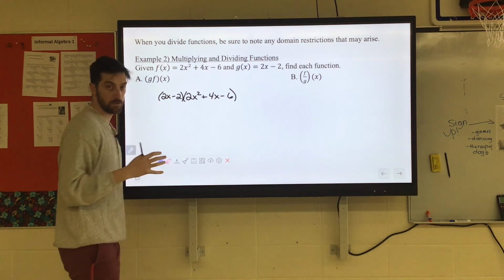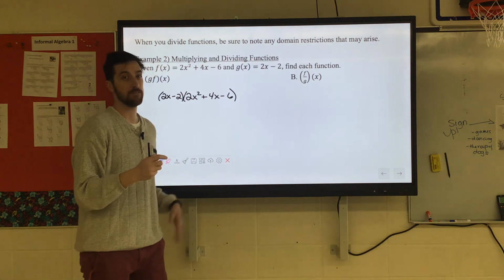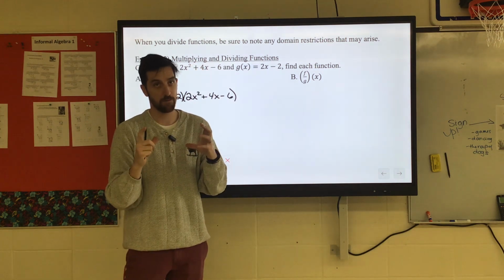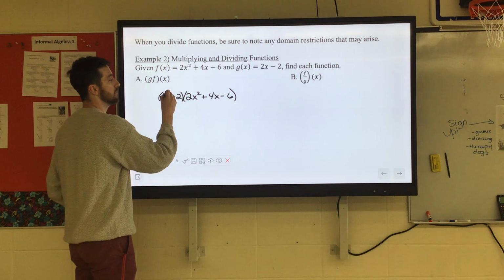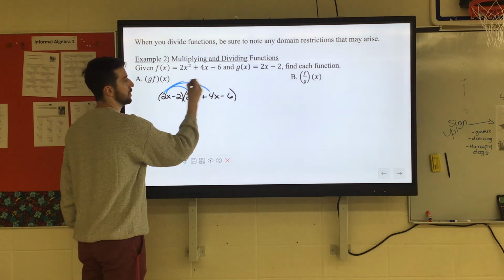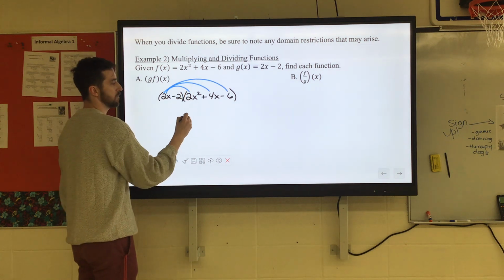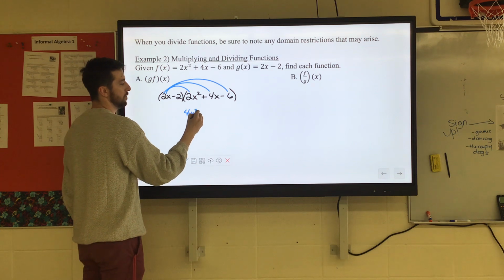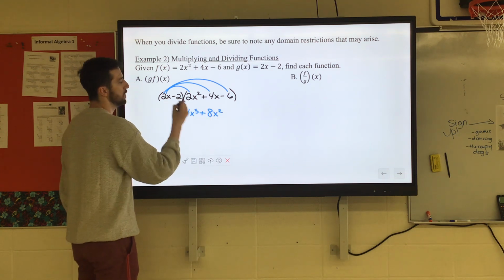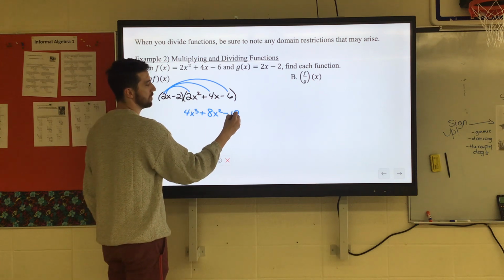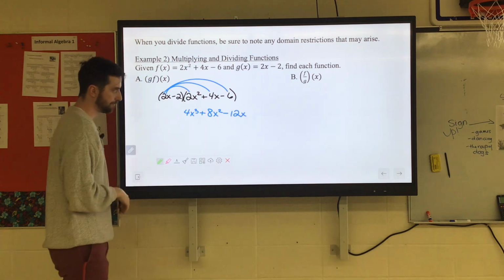Again, we've done the multiplying of polynomials. You just have to make sure you multiply everything from one set of parentheses to everything in the other. So first thing I'm going to do is give everything the 2x. 2x times 2x squared is 4x to the third. 2x times 4x is 8x squared, and 2x times negative 6 is negative 12x.